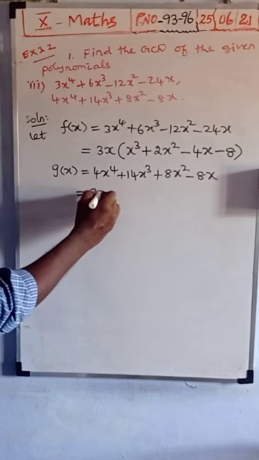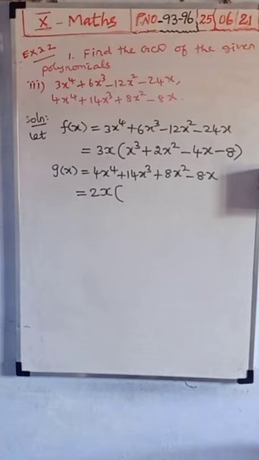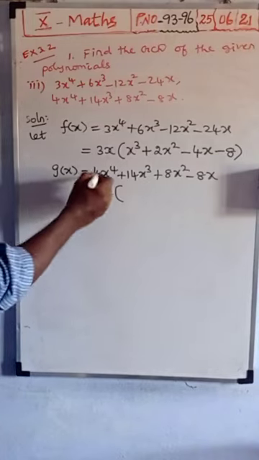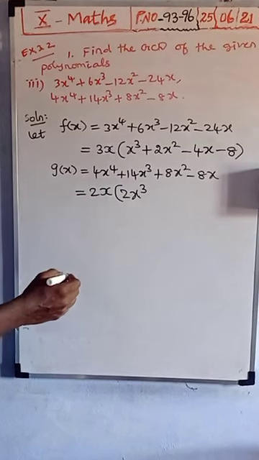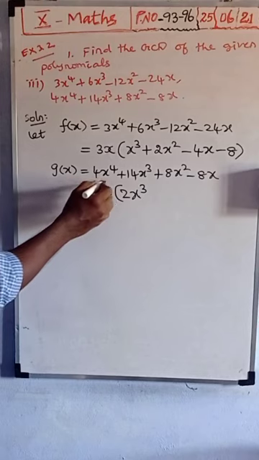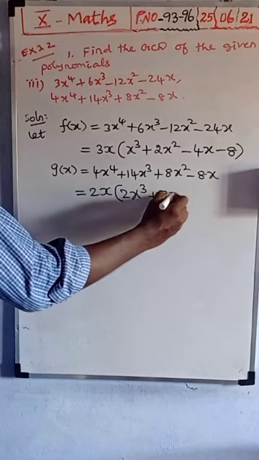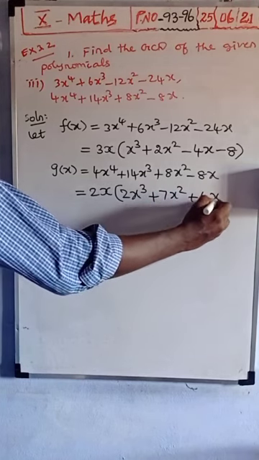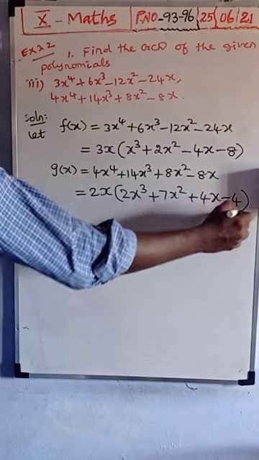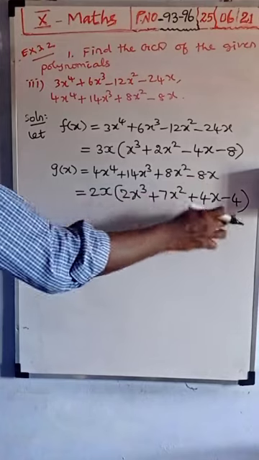So you take 2x outside, because we cannot take 4 outside. 2 twos are 4, so you will get 2x cube. Because 1x went outside, remaining is x cube. 2 sevens are 14, so x cube changes into x squared, plus 2 fours are 8, so 4x minus 4. 2 fours are 8x, x went outside, remaining 4 alone.